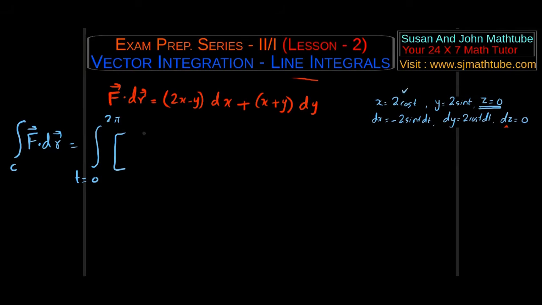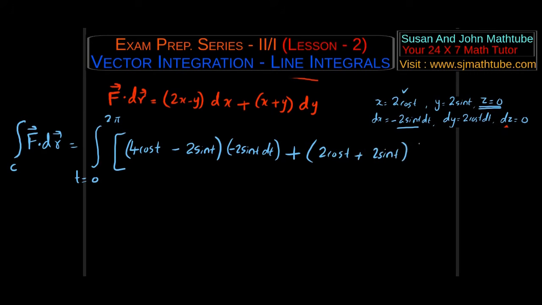So 2 into 2, that gives me 4 cos t minus 2 sin t times the differential, that is minus 2 sin t dt, plus x is 2 cos t plus 2 sin t times 2 cos t dt.